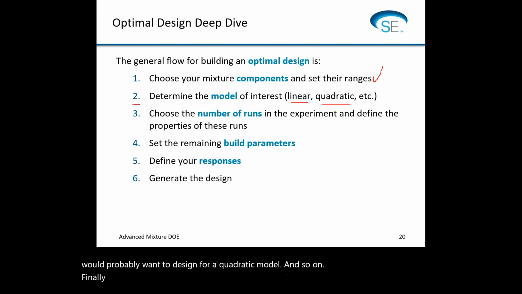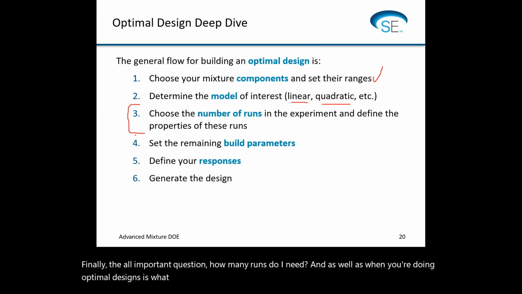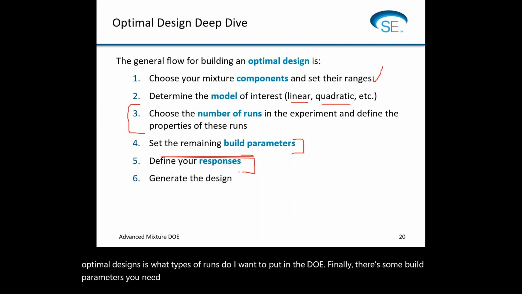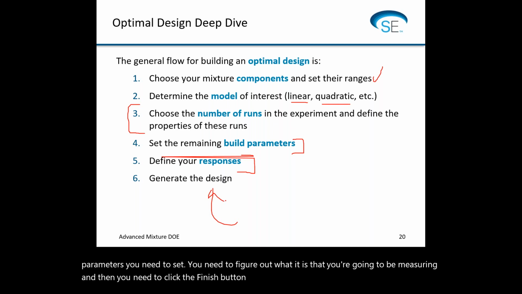Finally, the all-important question: how many runs do I need? And when you're doing optimal designs, what types of runs do I want to put in the DOE? Finally, there are some build parameters you need to set. You need to figure out what you're going to be measuring, and then you click the finish button to generate the design.